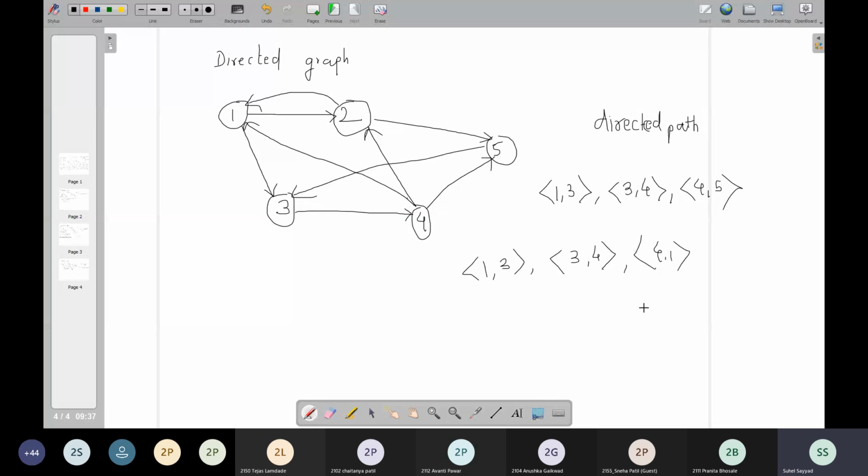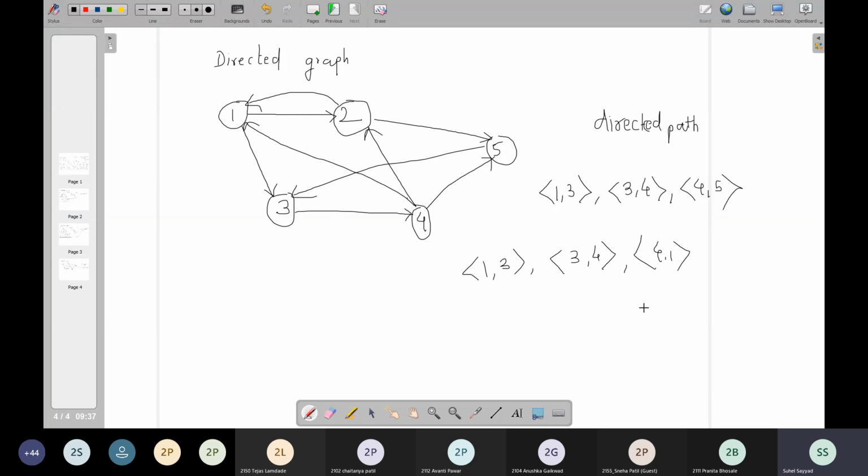See, my dear students, it is never claimed that a cycle should include all the vertices. Don't go into that wrong understanding. Cycles can be small cycles also.